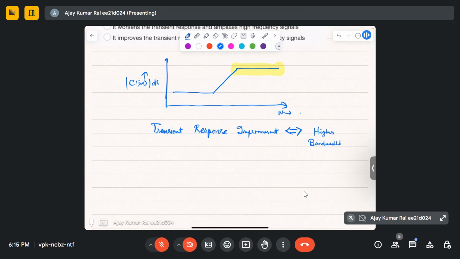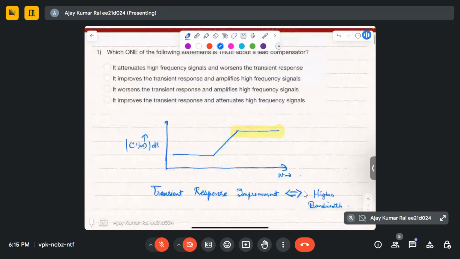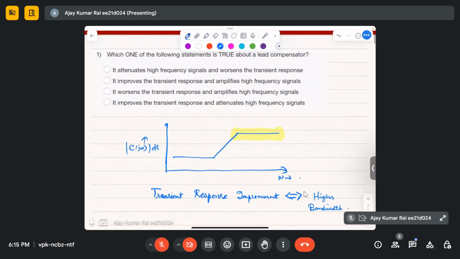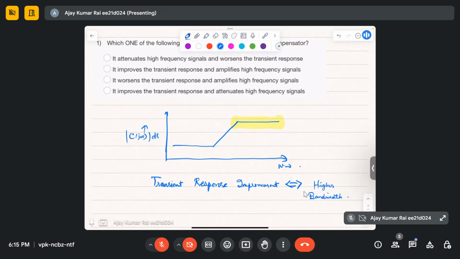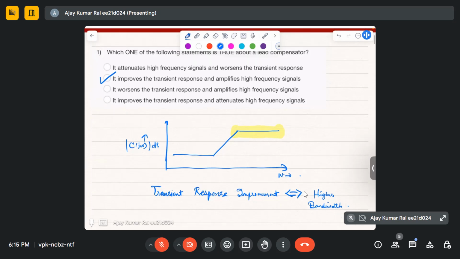So we have seen that the lead compensator increases the bandwidth, and it amplifies the high frequency signal. So this statement is correct. This is the advantage, but this is the disadvantage.